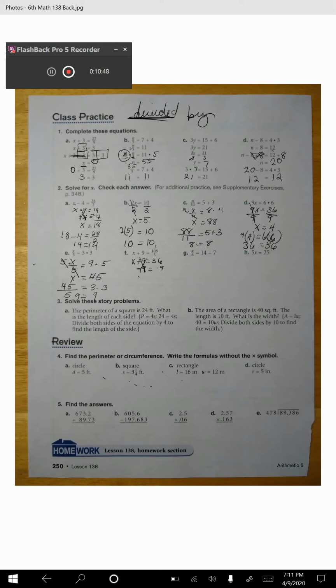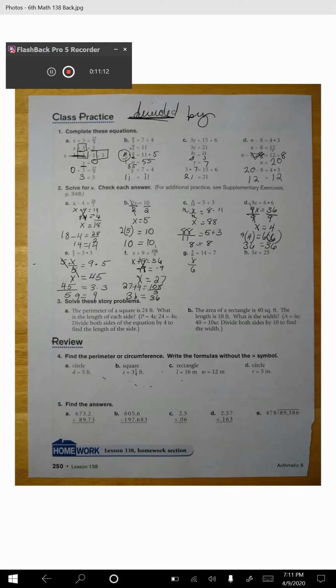This is gone. We're left with x. 36 minus 9 is 27. Let's see if it works. 27 plus 9 equals 108 over 3. I already know that this equals 36. And 27 plus 9 is 36.